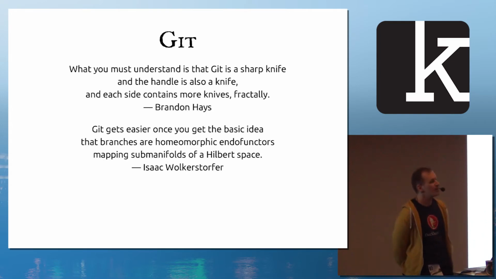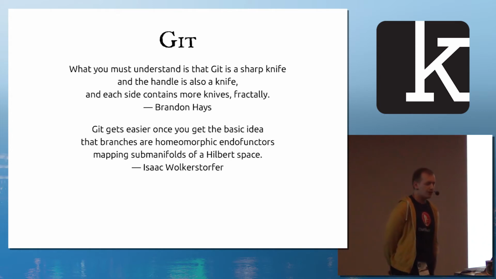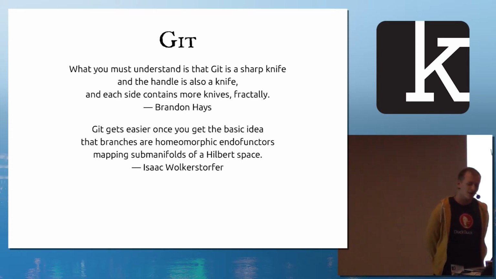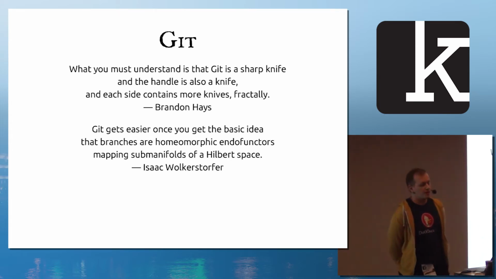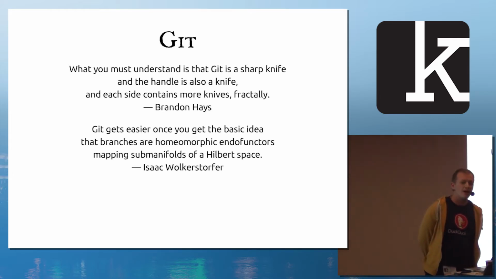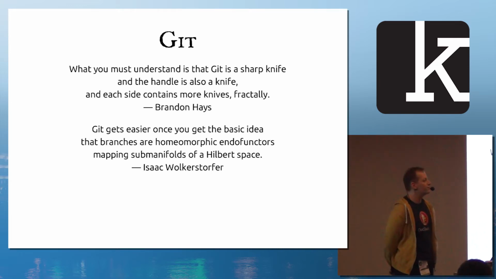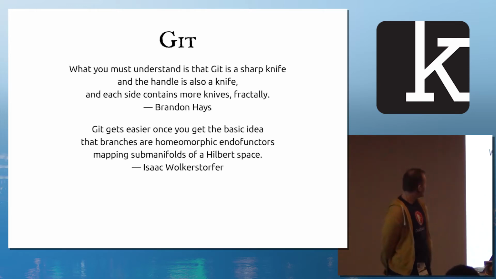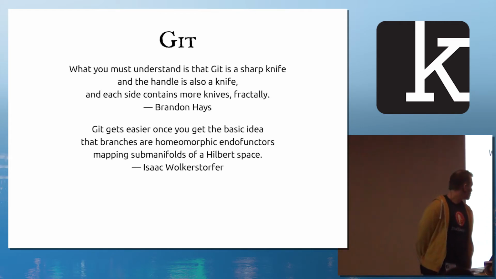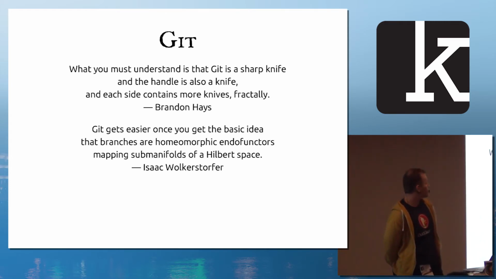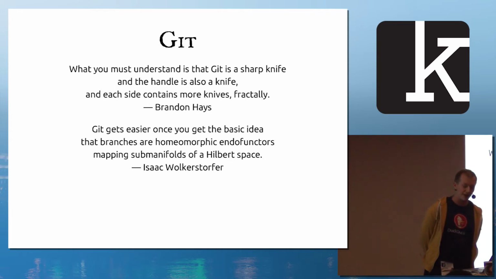Let's start with Git. Git is this wonderful thing that we use. We know that it looks like a sharp knife, and the handle is also a knife, and each side contains more knives fractally. But then you learn more about Git, and you have all of those visions like how branches work, and you eventually realize that they are homomorphic endofunctors mapping submanifolds of a Hilbert space, and everything just fits into place.